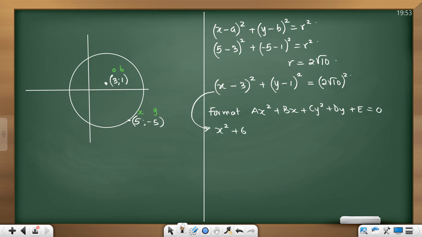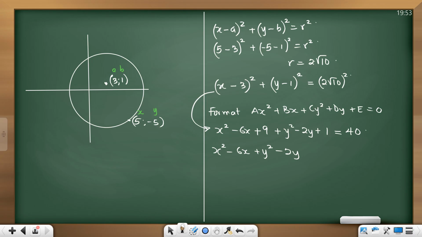x squared minus 6x plus 9 plus y squared minus 2y plus 1 equals to, what? 40. So x squared minus 6x plus y squared minus 2y.